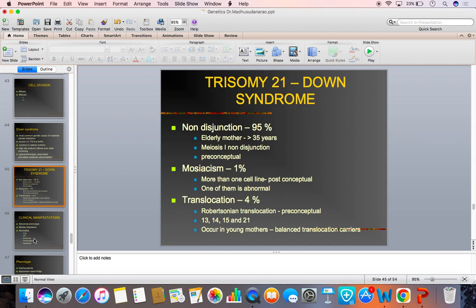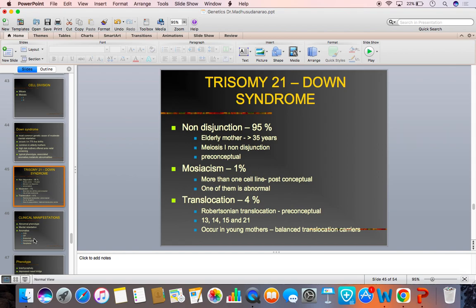So 23 chromosomes and one added to that in the ovum forms the zygote with the normal number of chromosomes from the sperm, thereby resulting in the additional 21 chromosome in the fertilized egg. That's how trisomy 21 results because of non-disjunction.